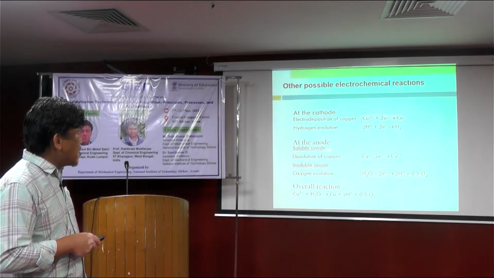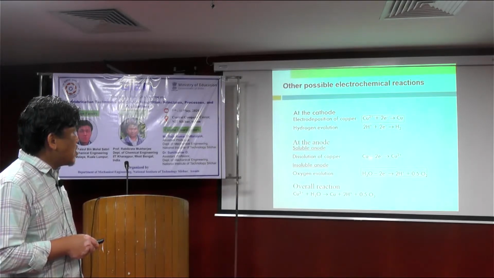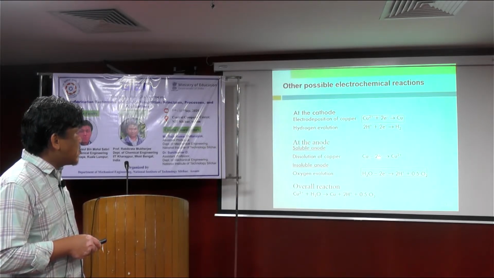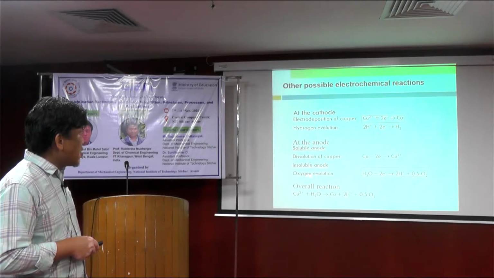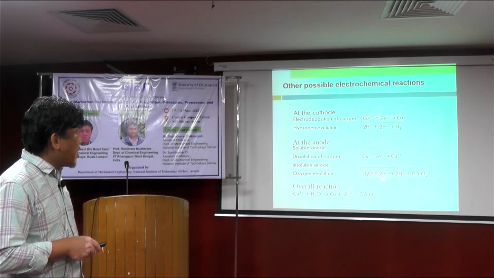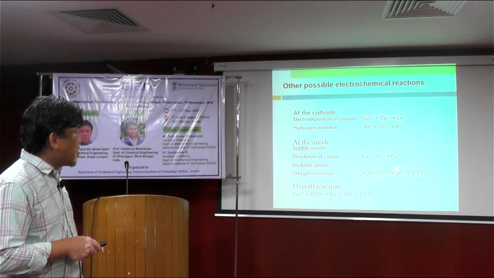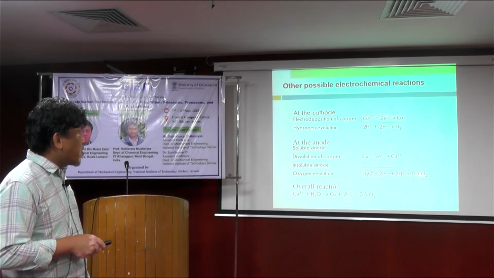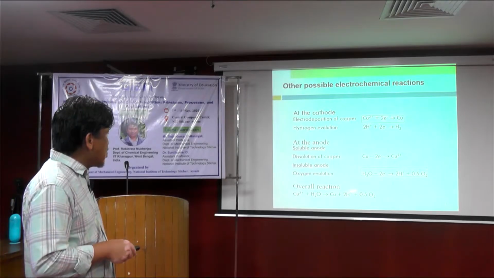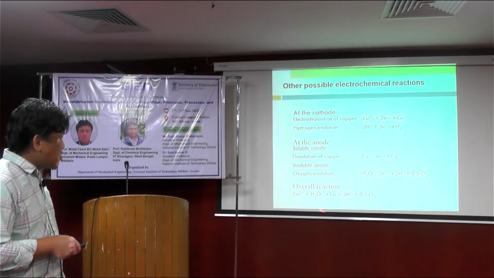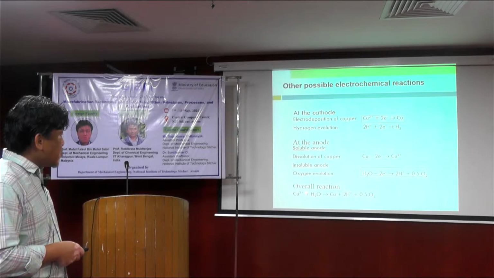At the anode, the soluble anode, Cu minus 2 electrons, then you get Cu2+. For the insoluble anode, you have H2O minus 2 electrons, you get 2H+ plus 0.5 oxygen. So the overall reaction is in this manner.